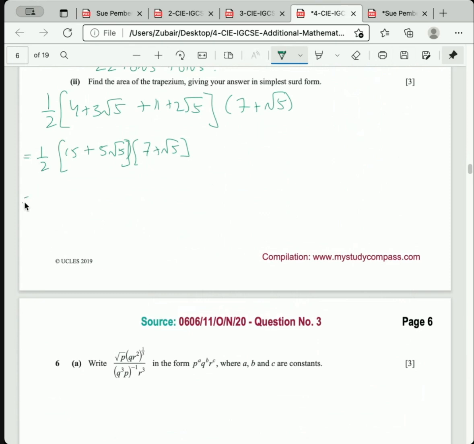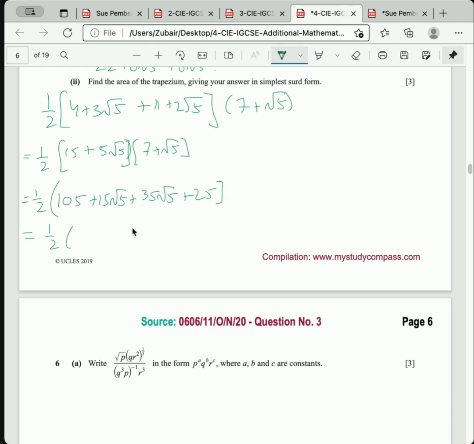Keeping 1 by 2 outside, 15 into 7 is 105, plus 15 root 5, plus 7 times 5 is 35 root 5, plus 5 times 5 is 25.